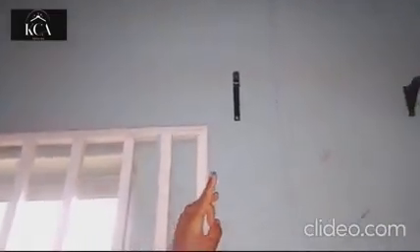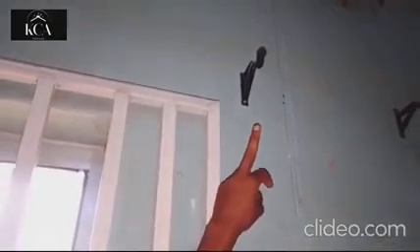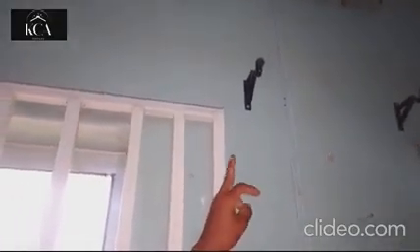Then let's move to step 3. Step 3 is fixing the curtain hanger or the bracket. You fix it at the point that you have marked. This is done by drilling holes. You drill a hole at that point, then you insert the plug.